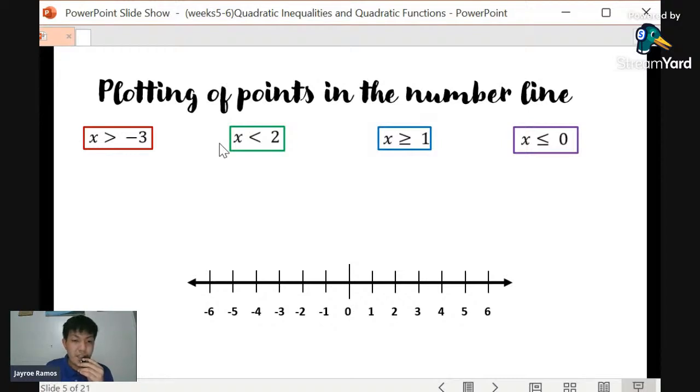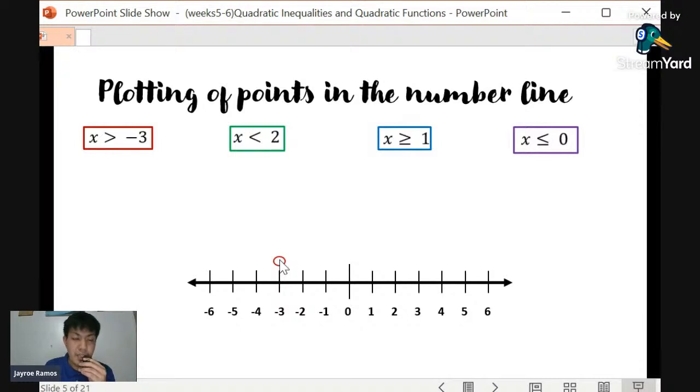Of course, negative 3 is on the left side of the number line, on the left side of 0. So that is negative 3. Now, in plotting, we have what we call hollowed and shaded. The circle, as you can see there, when we plot, can have two appearances. Sometimes it is shaded, and sometimes it is hollowed.